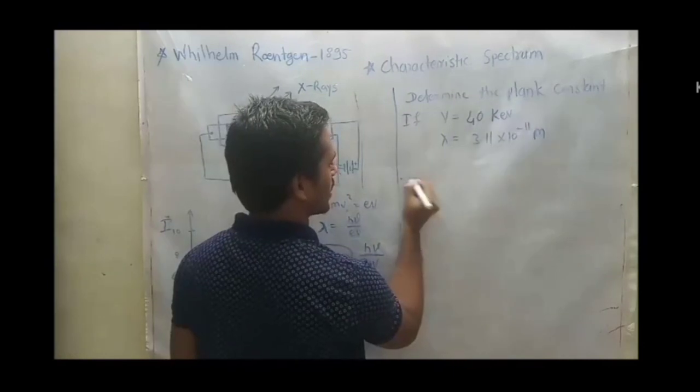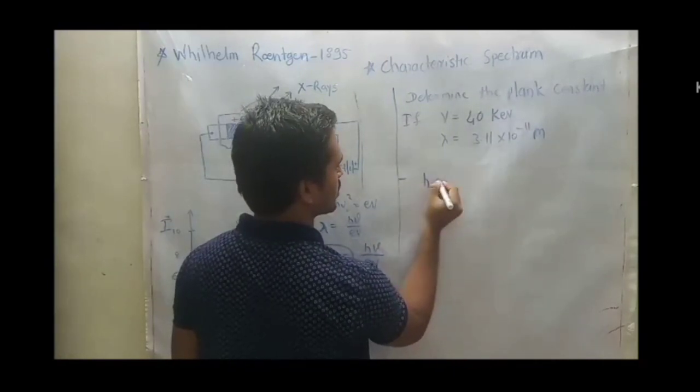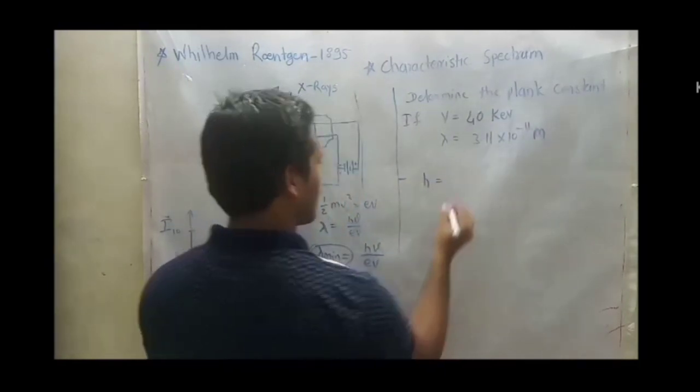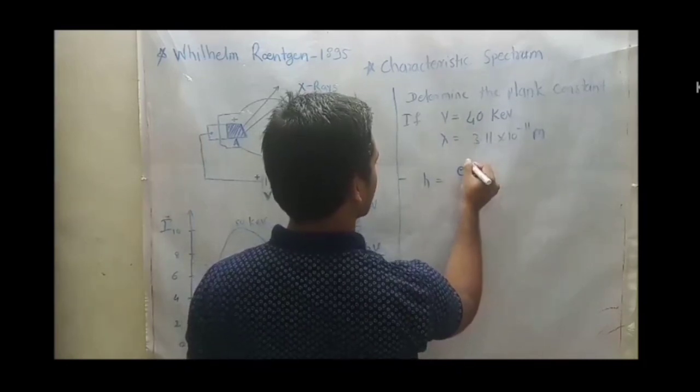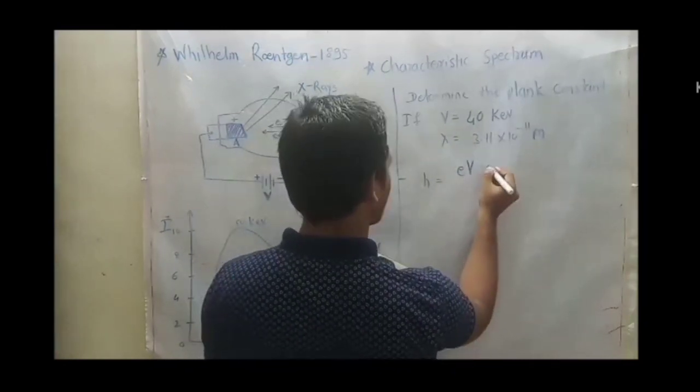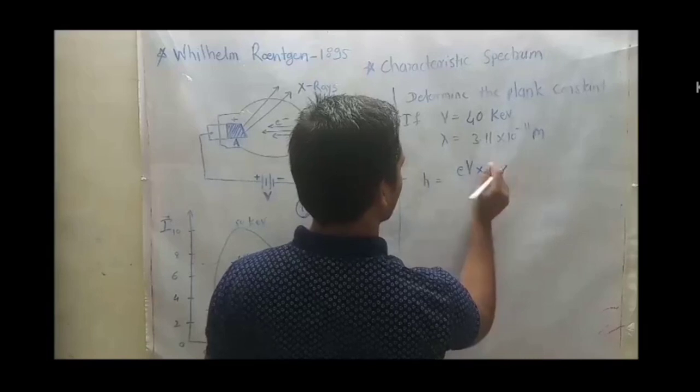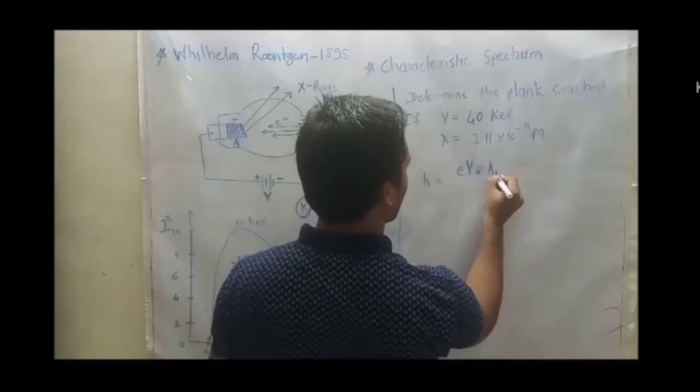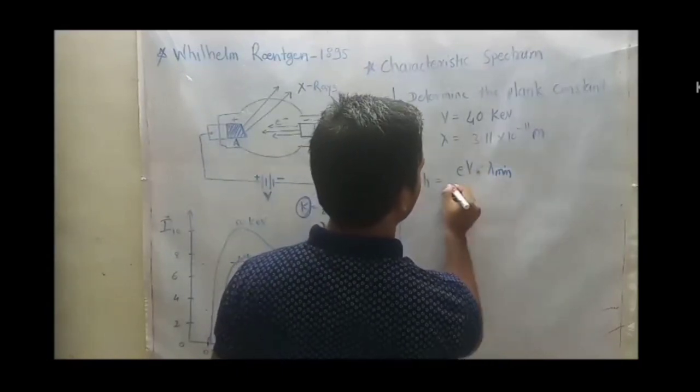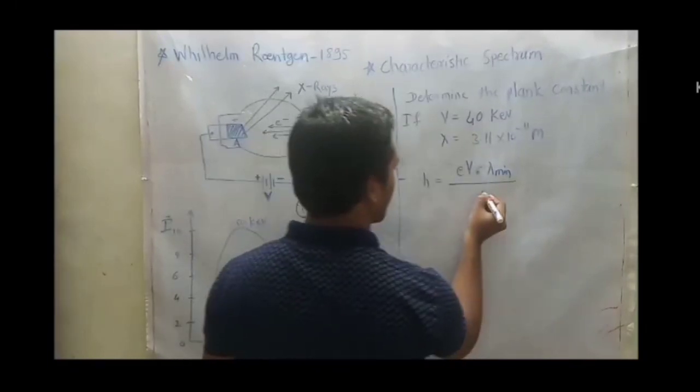Then we can calculate h as eV into lambda minimum divided by c.